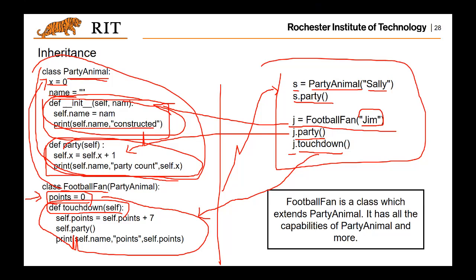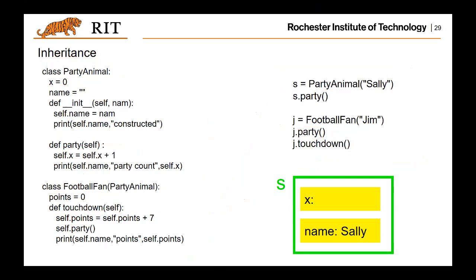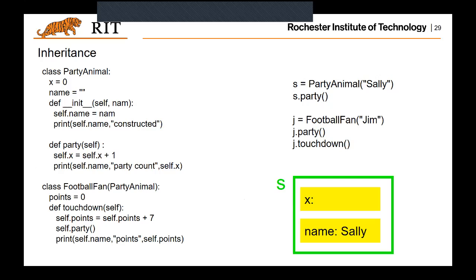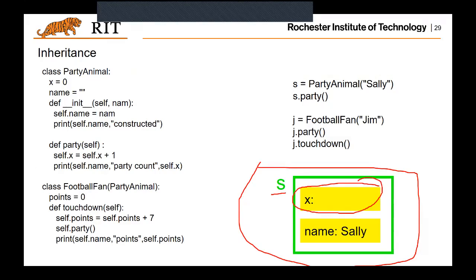Nope. Okay, good. So if we visualize this object, as you can see here, if we view the S object as this block, actually the attribute X is stored here, and also this name attribute is here.